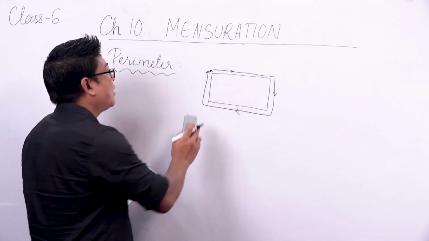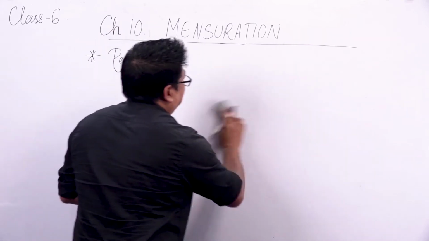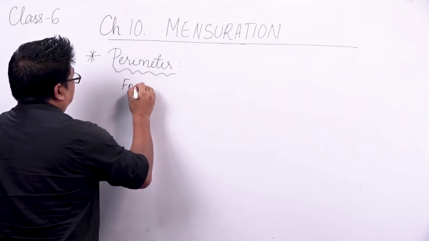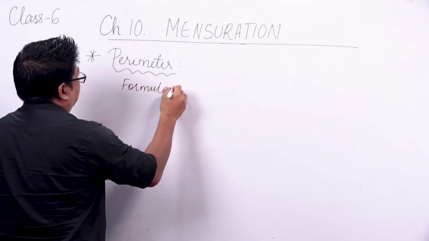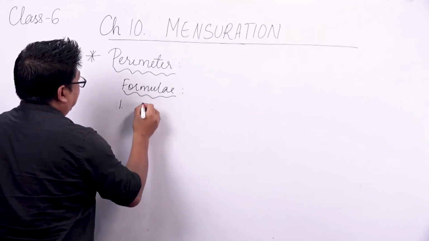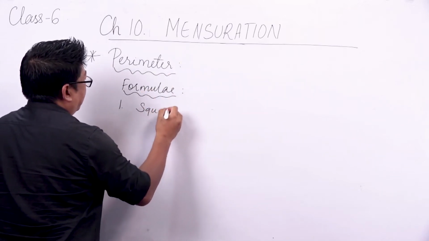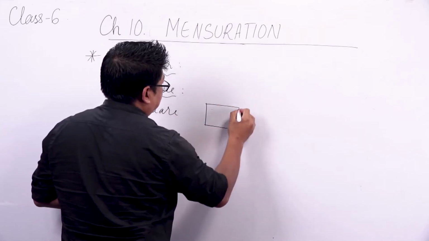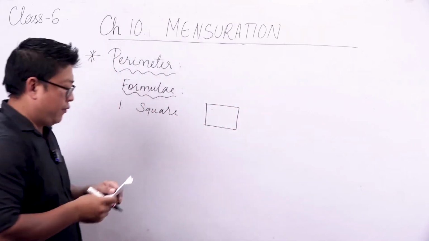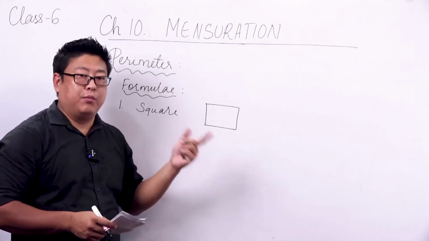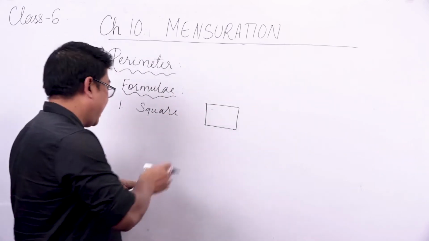All right, children. Now let's learn about some formulae. For the first one, we have the square. The square looks like this. For the square, rectangle and others, we have some formulae, so we will be applying them.